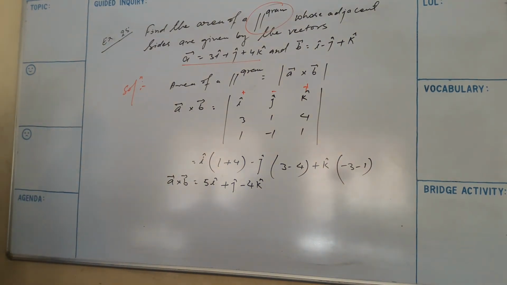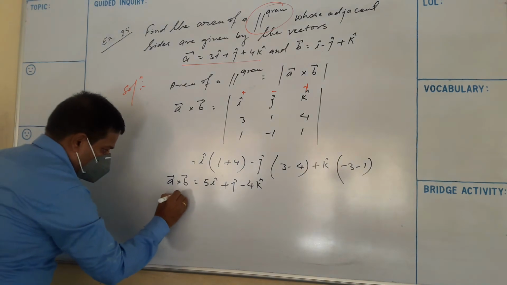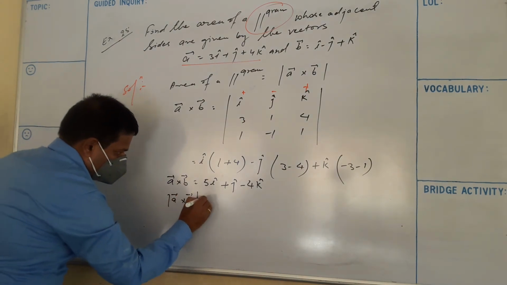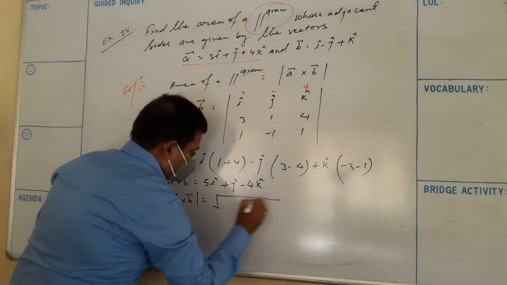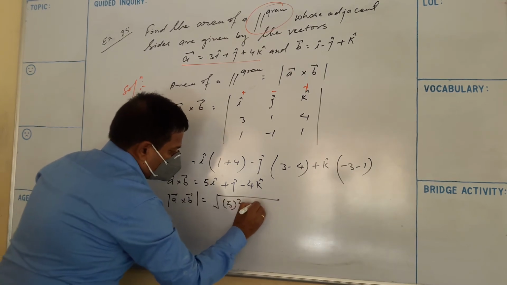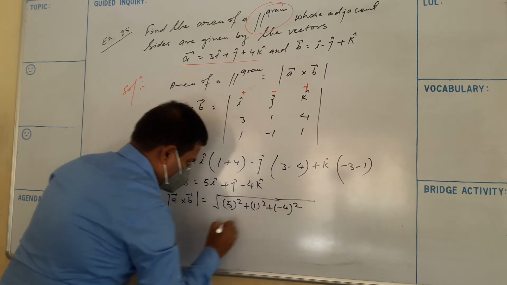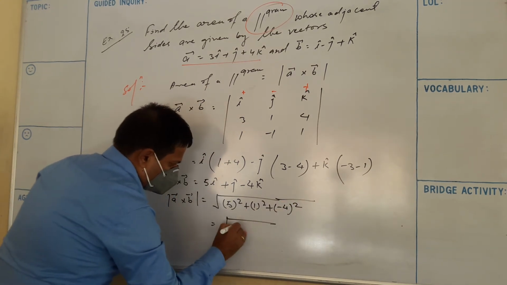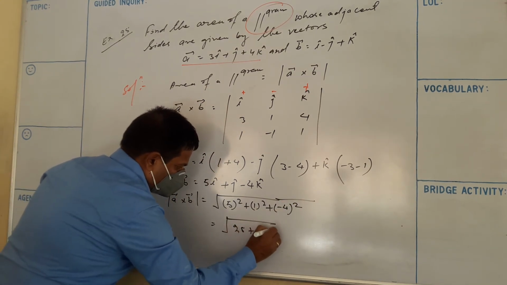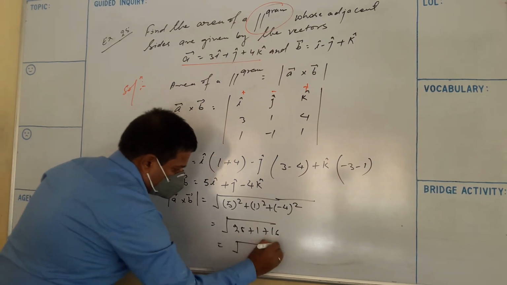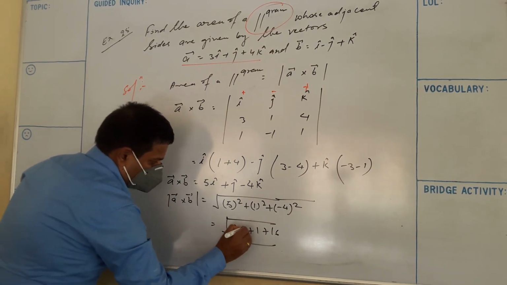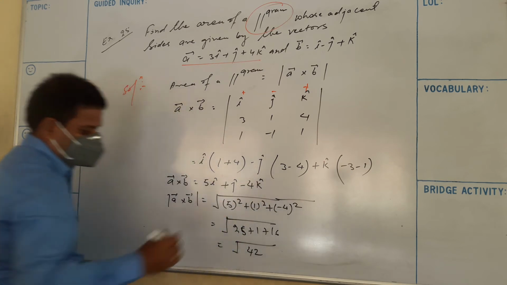Now you have to take mod. So mod of vector A cross vector B is equal to square root of 5 square, 1 square, minus 4 square. So here it becomes 25 plus 1 plus 16. How much? Root 42.